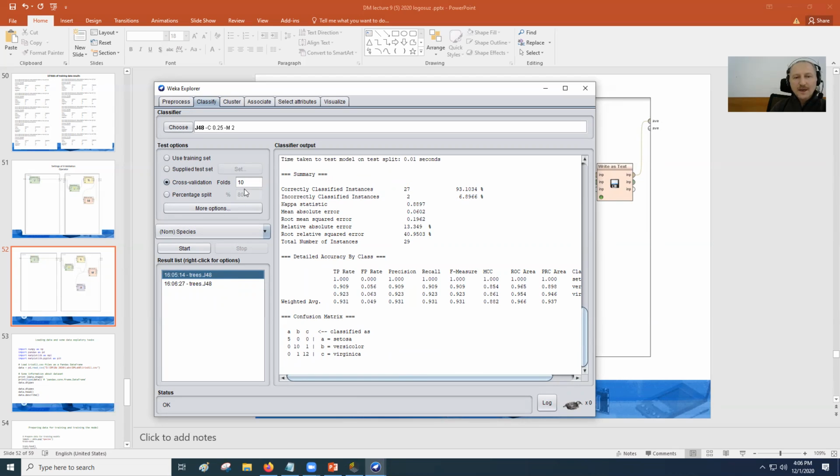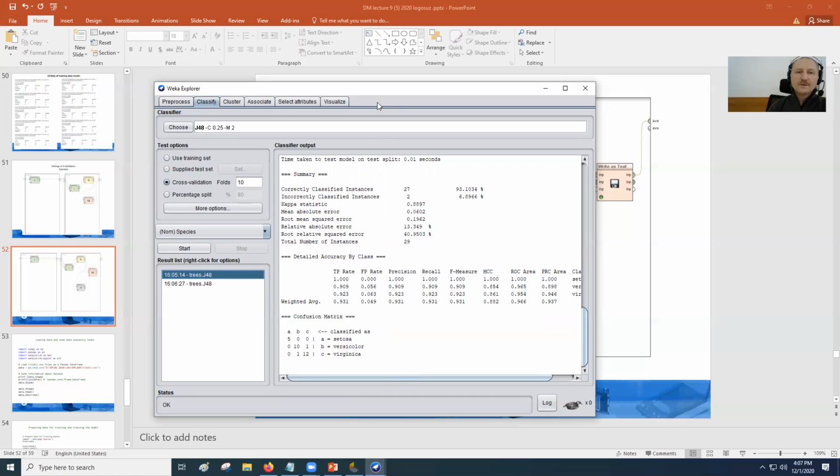According to the holdout 80-20, it is 93%. If you want to report somewhere, you can say according to 10-fold cross-validation, the accuracy of our decision tree model is 95%. Or you can say according to the 80-20% holdout validation method, the estimated accuracy of our model is 93%.